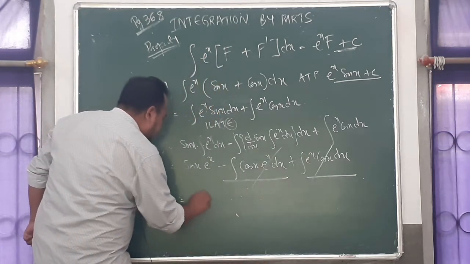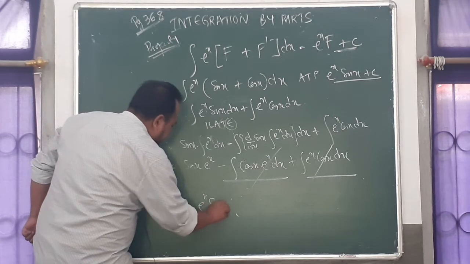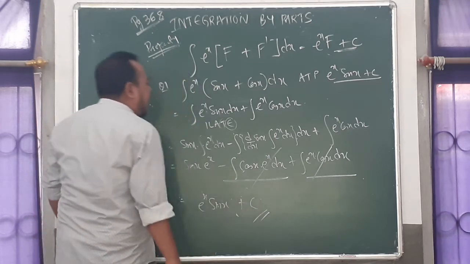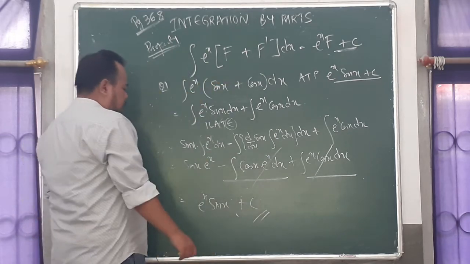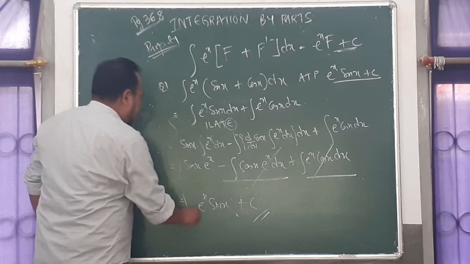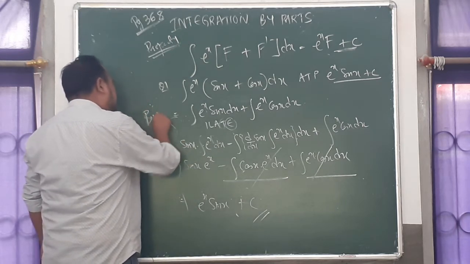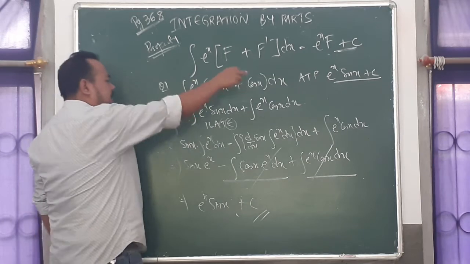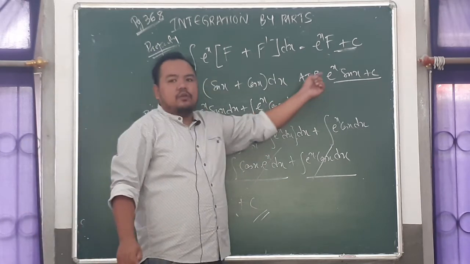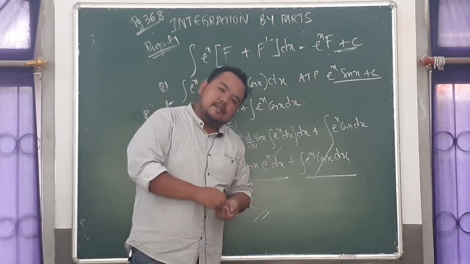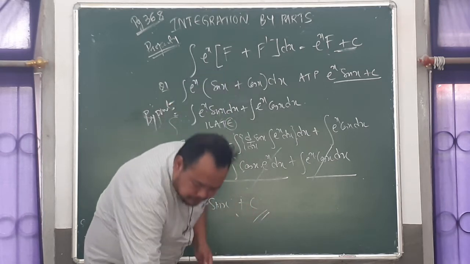So your answer is e to the power x sin x plus c, which we had already got. So this is by applying by parts, and this is by applying the property. Is that clear?